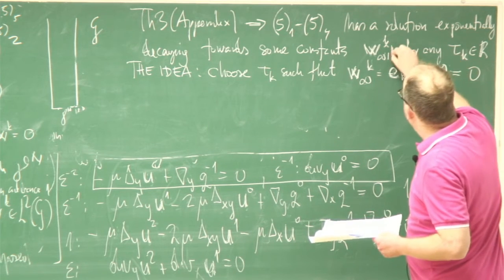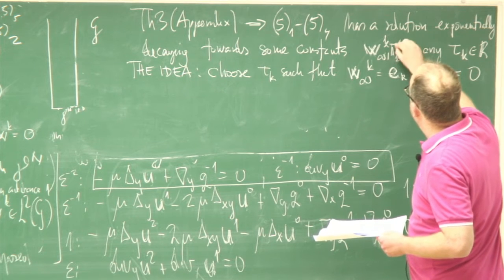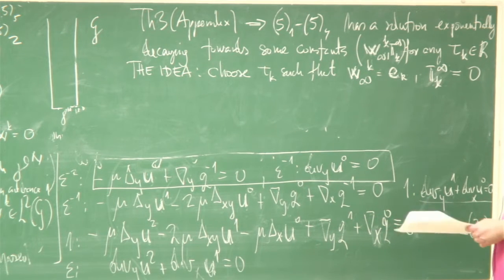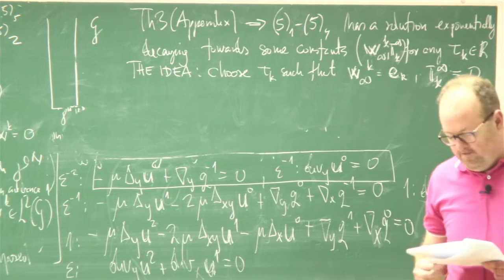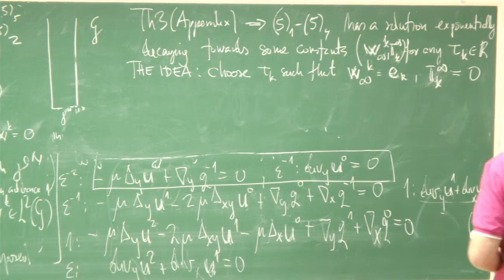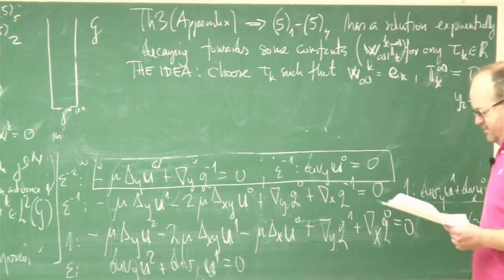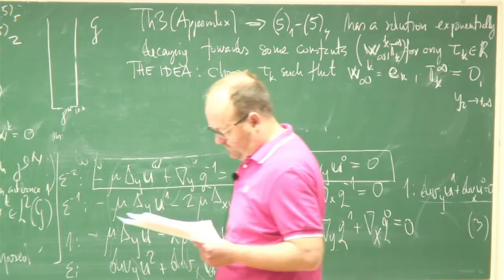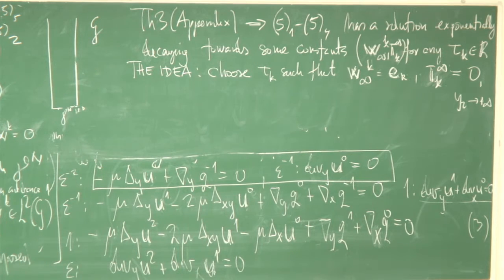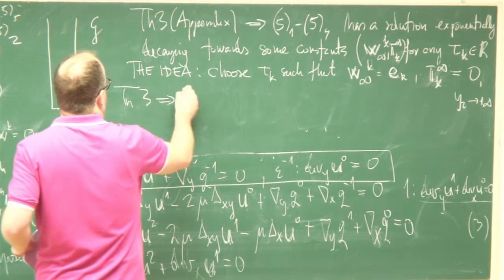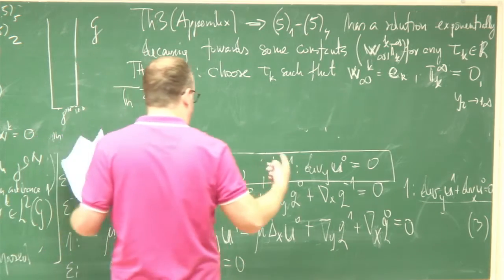Maybe you can put it here like this. Of course, as this one goes to infinity. And Theorem 3 also proves that such constants exist. This is part of the assertion.